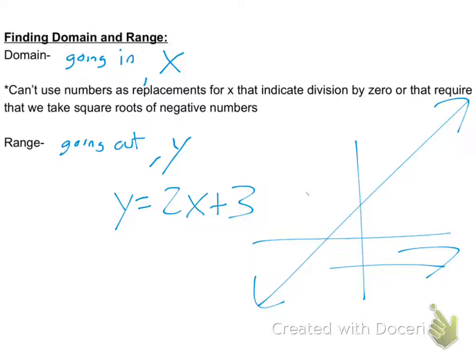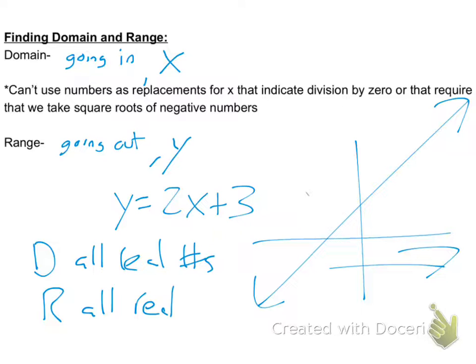And so, the domain is all real numbers. The range, again, covers all real numbers. It's fine and dandy to state it that way, but that's not necessarily the way we like to state things. So I need to move to the next slide and talk about notations.